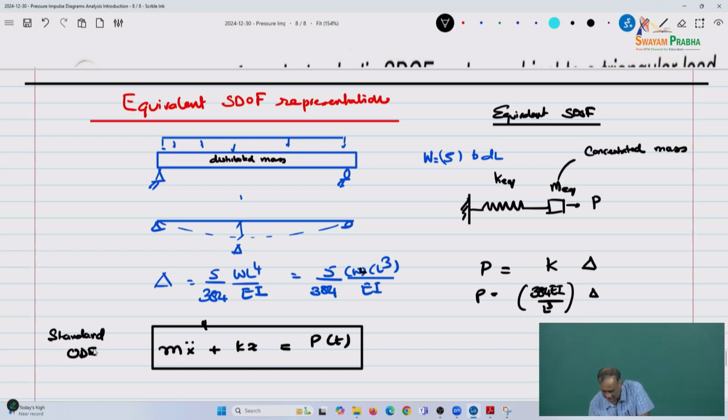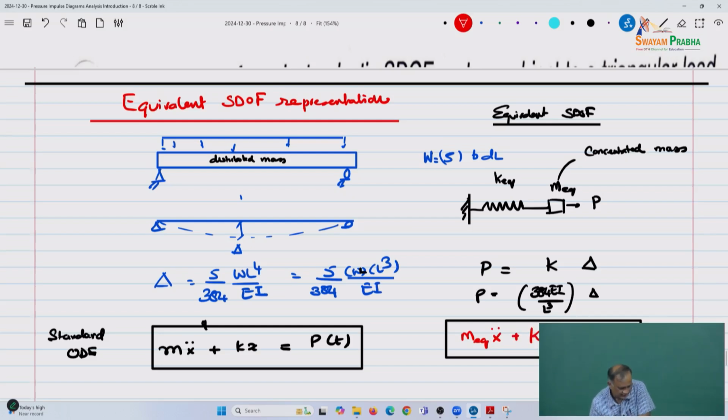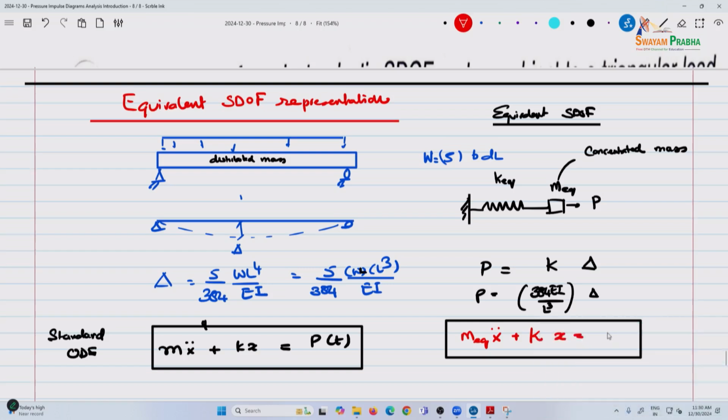Now, this is reality. When we come over here for modeling purposes, we now have M equivalent x double dot plus K equivalent x is equal to P equivalent. Even the load itself has changed.